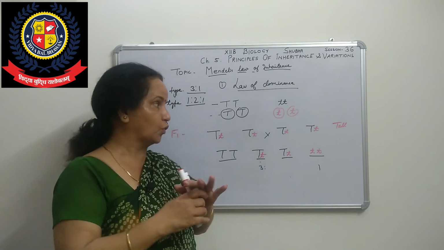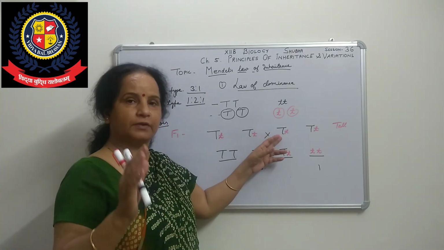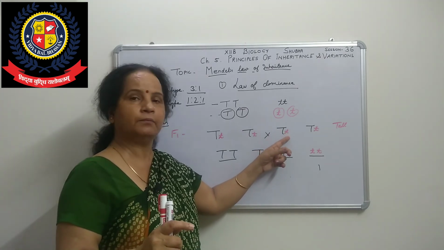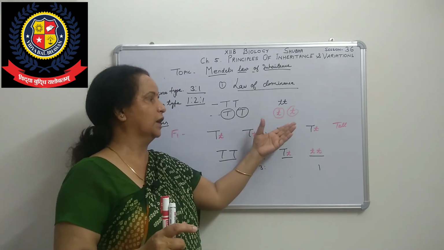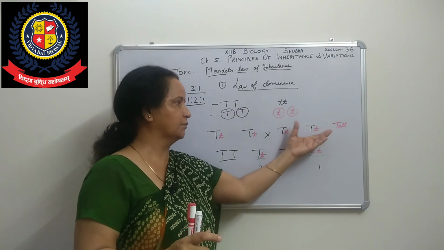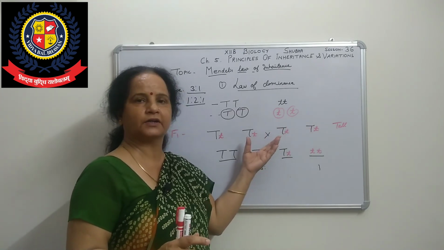They are not mixed. Only the dominant trait shows. Because of the law of dominance, one will be dominant and the other will become recessive. Because of that, in the F1 generation we do not see the shortness trait. Not a single plant is short.